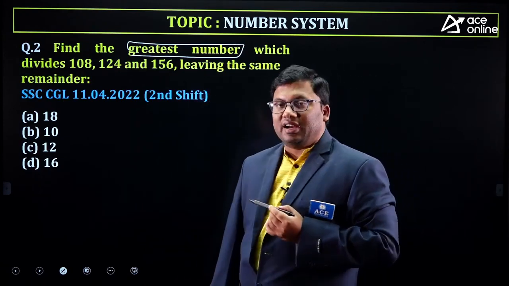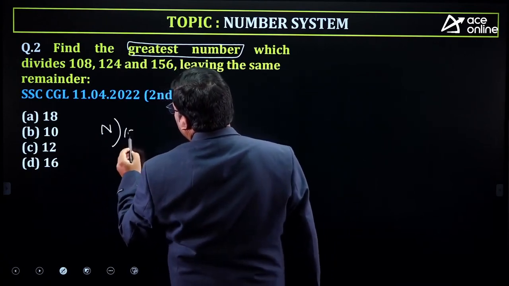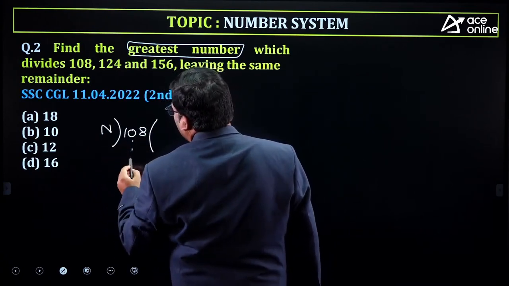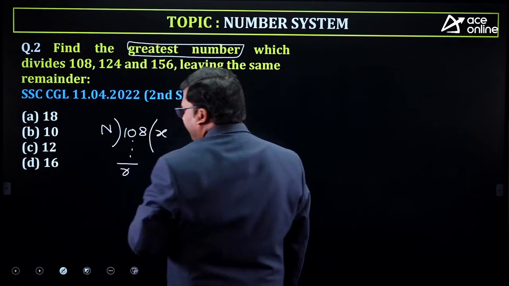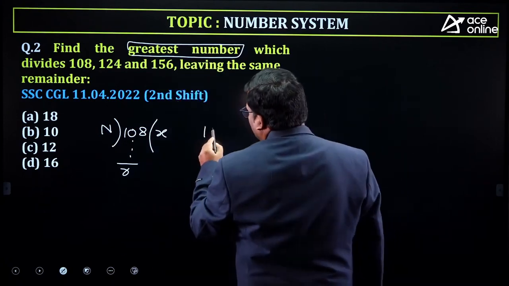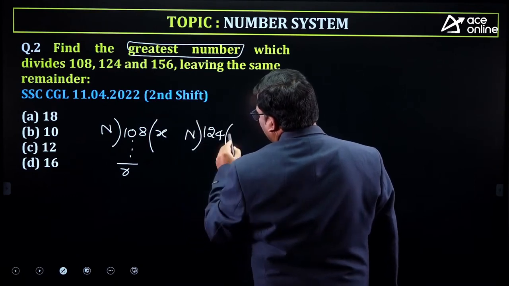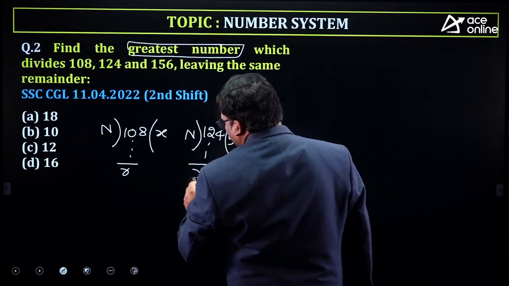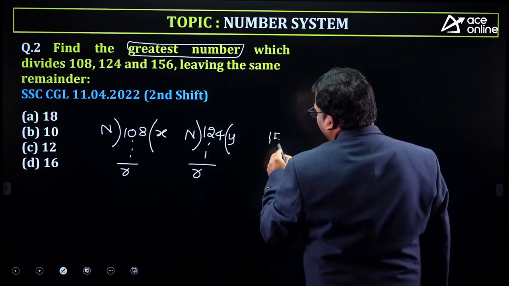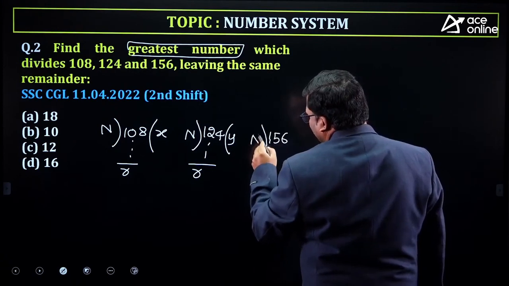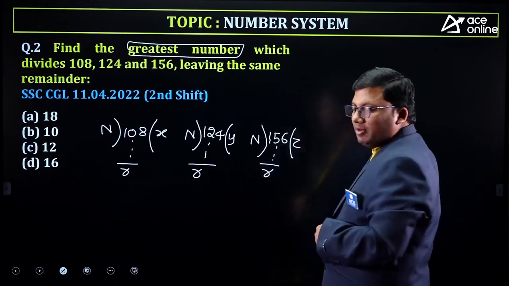There is a number which will divide 108 and leaves the same remainder, let the remainder be R. The same number when dividing 124 gives the same remainder R. There is a number 156, it is divided by N, and it leaves the same remainder R.